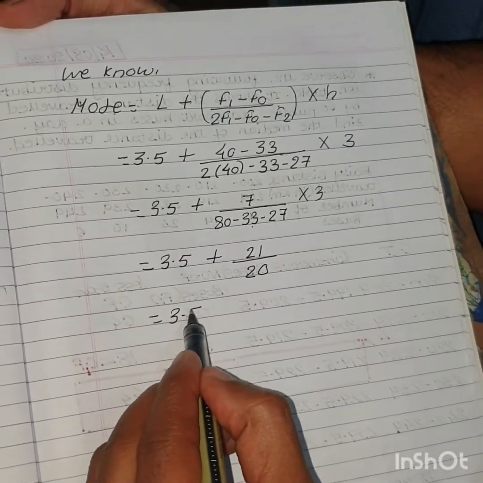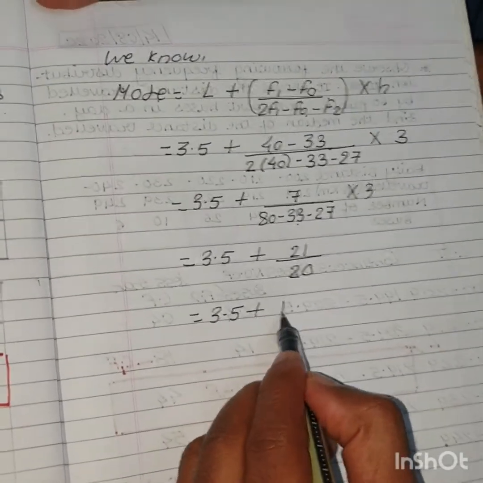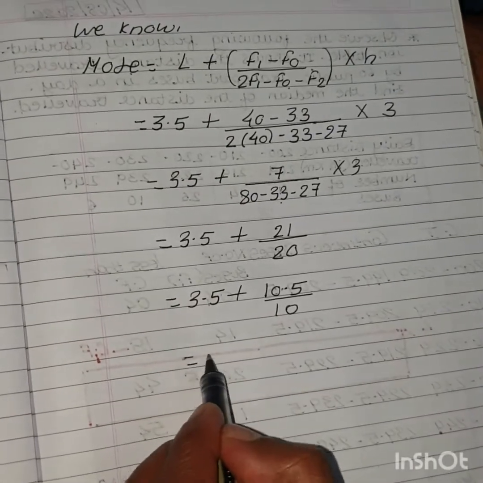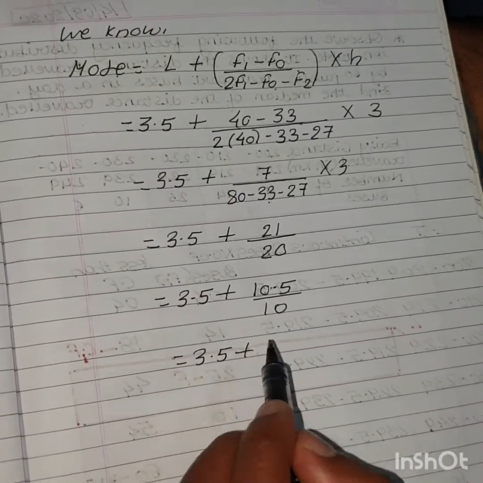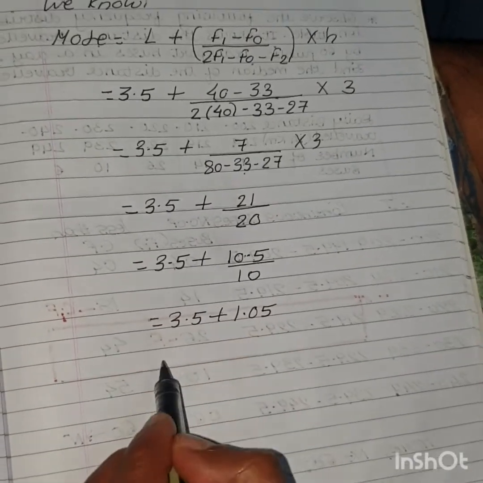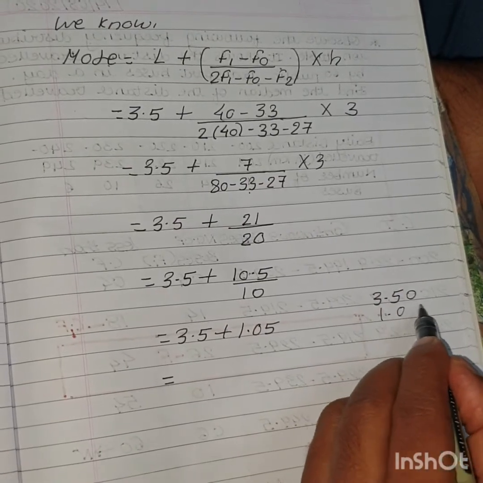That is equal to 3.5 plus, we can divide by 2, so 10.5 upon 10, that is equal to 3.5 plus 10.5 divided by 10 will be 1.05.